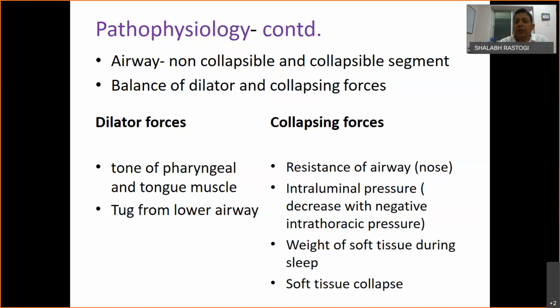And what are the collapsing forces? It's the resistance created in the airway, of which 50% is contributed by the nose, and there's an intraluminal pressure which decreases when a more negative intrathoracic pressure is created. Then the weight of the soft tissue, and the sucking effect of the soft tissue, leading to collapse.